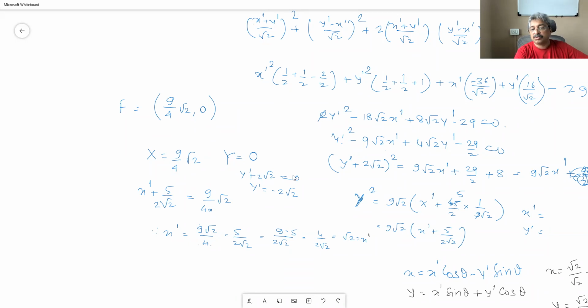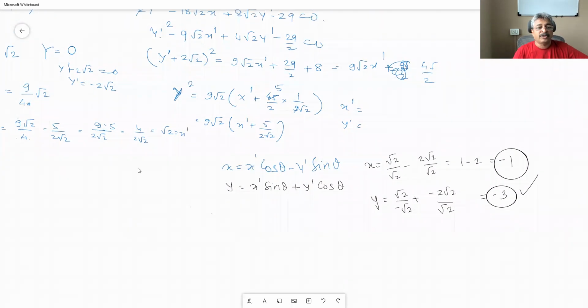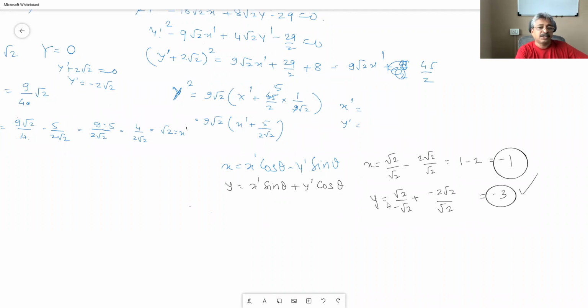Therefore y dash plus 2 root 2 is 0, y dash is equal to minus 2 root 2. So if we substitute those values back into the rotation transformation, then we get x is equal to -1 and y is equal to -3. That happens to be your focus.